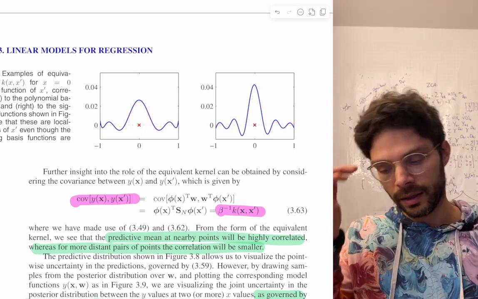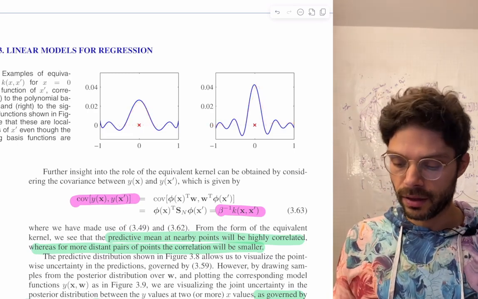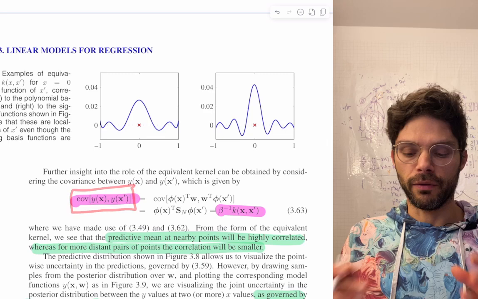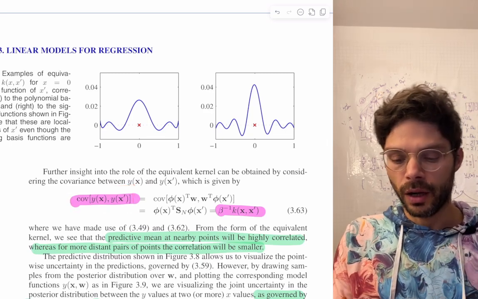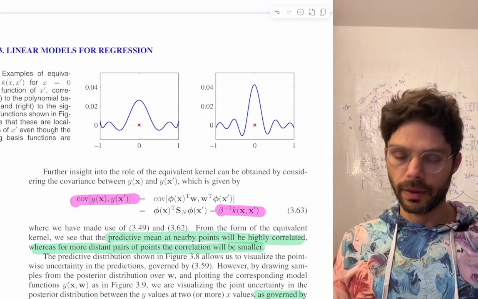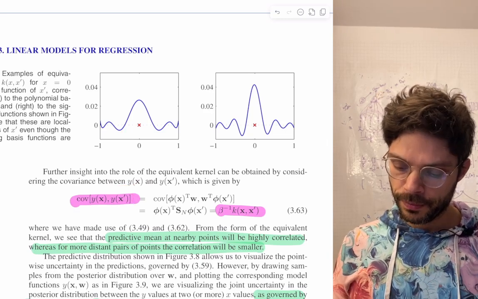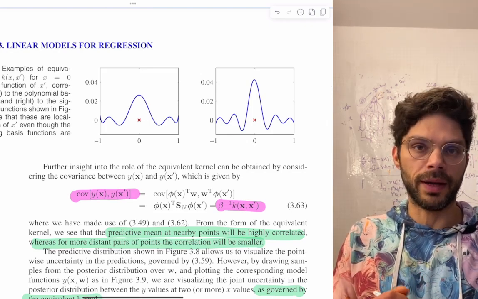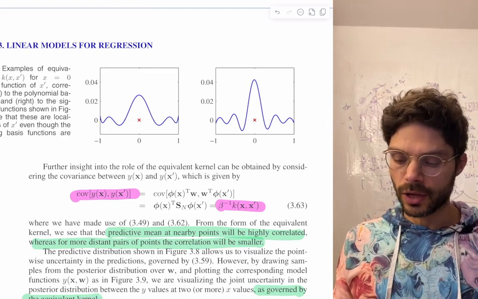That just depends on the properties of that similarity kernel. And that similarity kernel also determines the covariance of different points, so how much predictions at different points affect each other. So I think it's a very useful perspective that's going to come up again, and I think we'll spend whole chapters on it around chapter 6 or so.